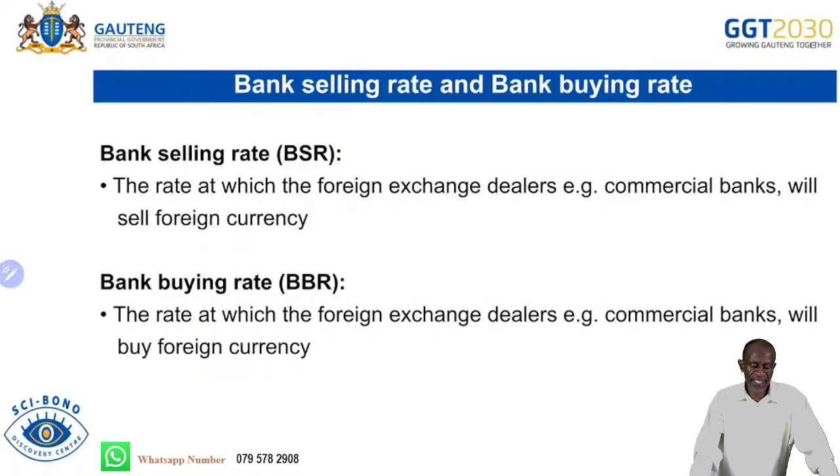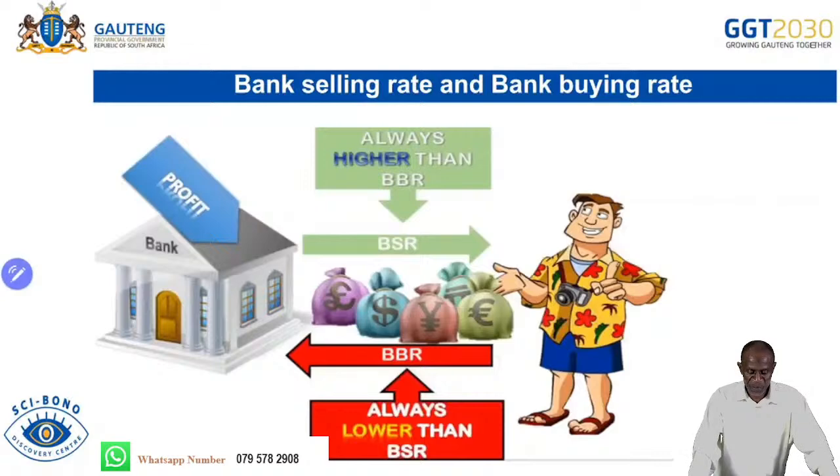And in opposite, it is the bank buying rate, the rate at which the foreign exchange dealers, an example here, commercial banks as well, will buy foreign currencies. Let's move on and further explain the bank selling rate and bank buying rate.